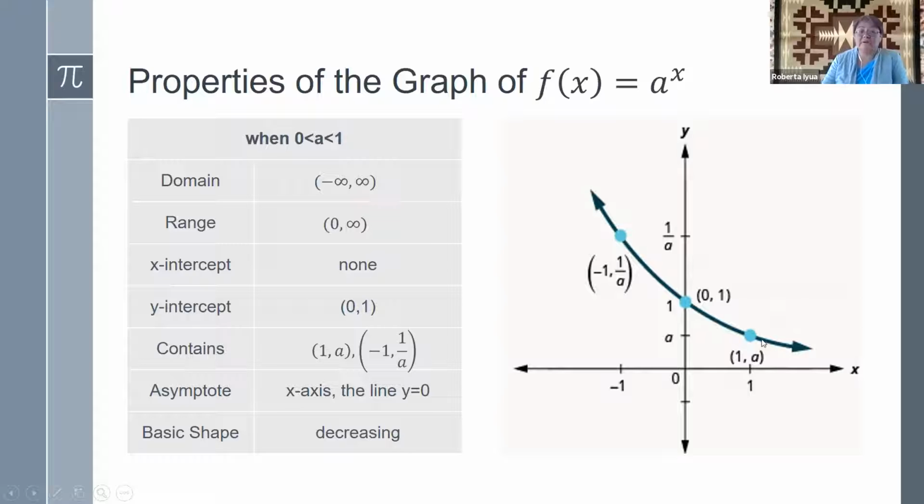And our points are still (1, a) and (negative 1, 1 over a). Our asymptote is still the x-axis, the line y equals 0. And our shape is decreasing, so it's going from here down.